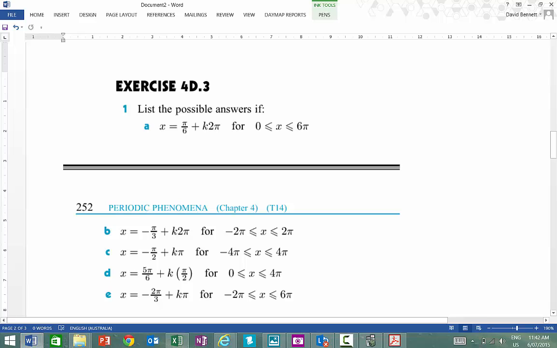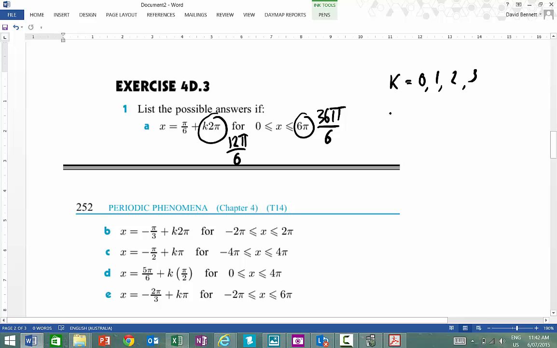When I'm thinking my k value is going to be 0, 1, 2, 3, I want to put it the same as what pi on 6 is, and that's going to be 12 pi on 6. And there I need to consider that value as being in pi's on 6, so that's going to be 36 pi on 6. And that will make life a little bit easier for me in terms of thinking about this.